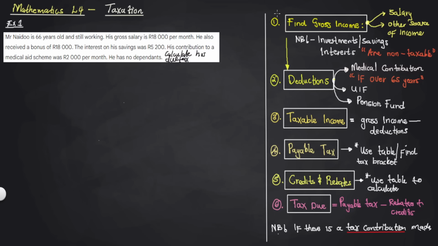step number one, we have to find the gross income. Number one, let's calculate his gross income, which is equal to, now his gross salary is 18,000 per month.